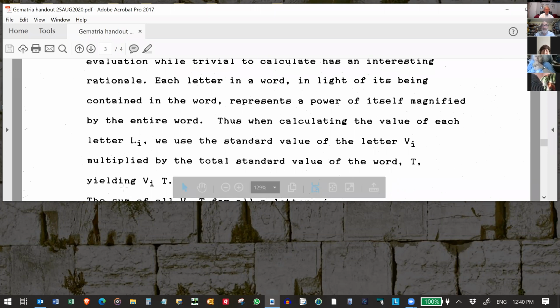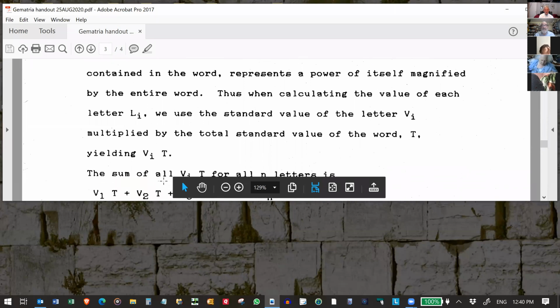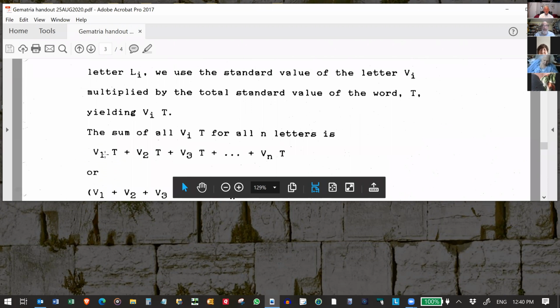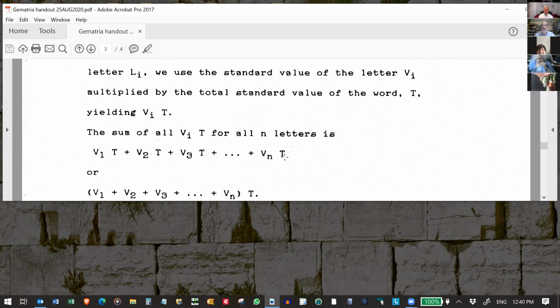So we get the value of the first letter times T, which is the value of all of it together. Now, if we take the sum over all letters, we get the value of the first letter times the total of everything, plus the value of the second letter times the total of everything, plus the value of the third letter times the total of everything, all the way up to the value of the last letter times the total of everything.